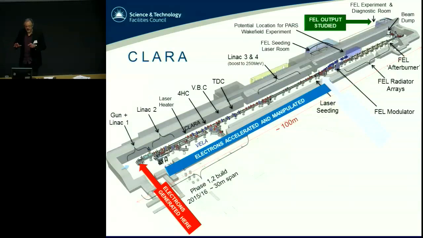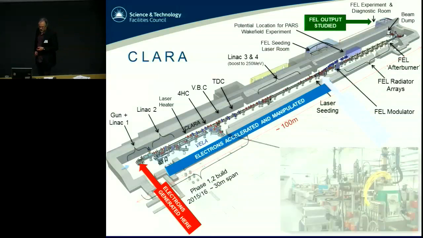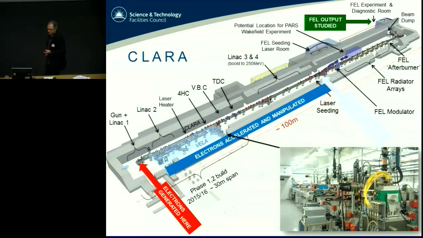If I'm seeming vague, I'm aware it's an engineering talk. I don't want to try and turn it into an accelerator physics talk because I can't anyway. The FEL output is studied out there after about 30 meters of undulators. Note down in the bottom left-hand corner, the blue area, as a picture on the bottom right. VELA is a pre-existing facility, and there might be a tour around there later if you're signed up for it.